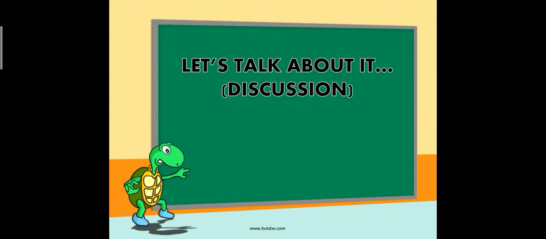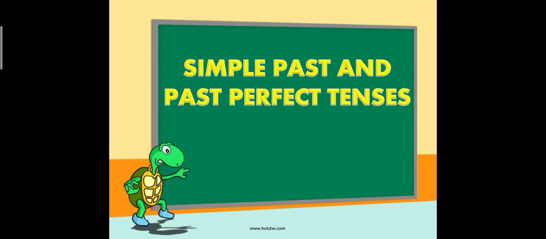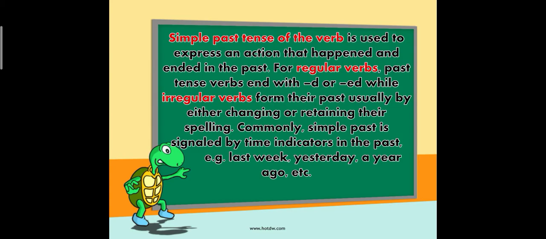Now let's talk about it in the discussion. So our topic is simple past and past perfect tenses. The simple past tense of the verb is used to express an action that happened and ended in the past.